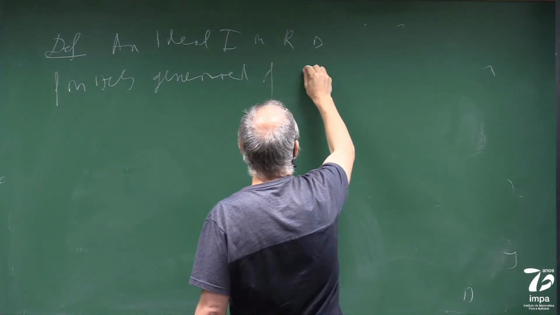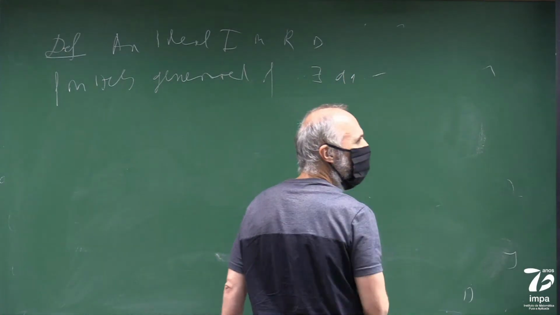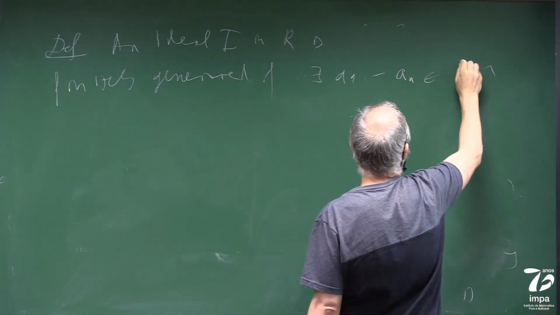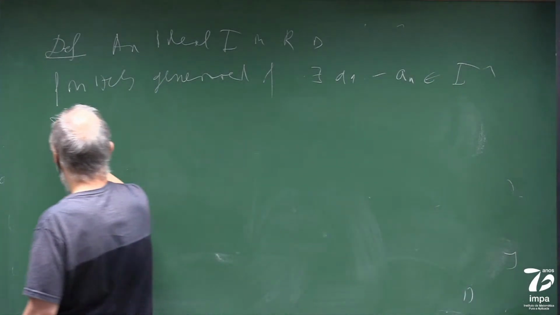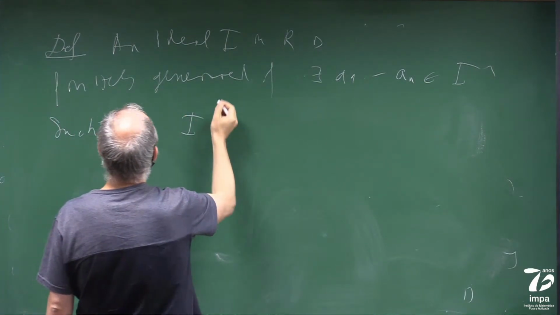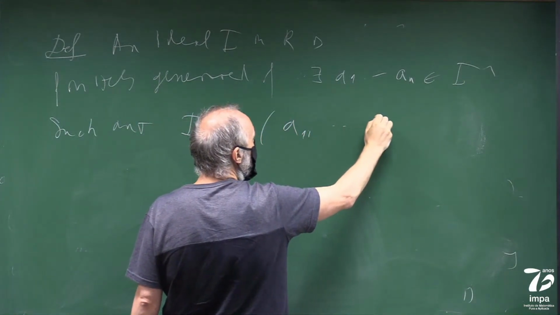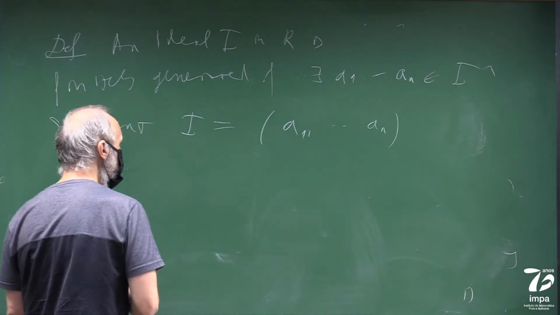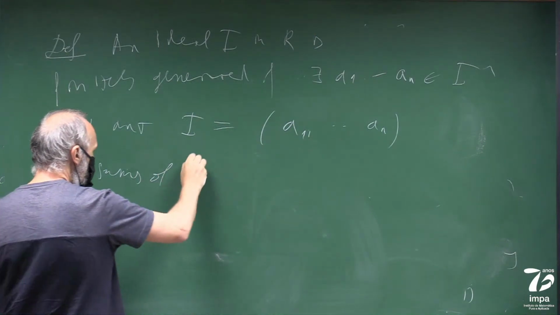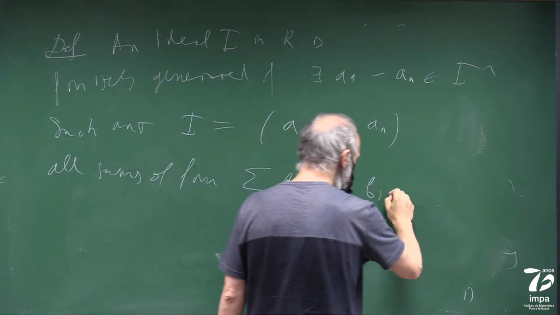there exist generators, there exist a_1, ..., a_n inside this ideal such that I is equal to what is denoted by angle brackets a_1, ..., a_n, and this means all sums of the form sum of b_i a_i, where b_i are coefficients inside our ring.